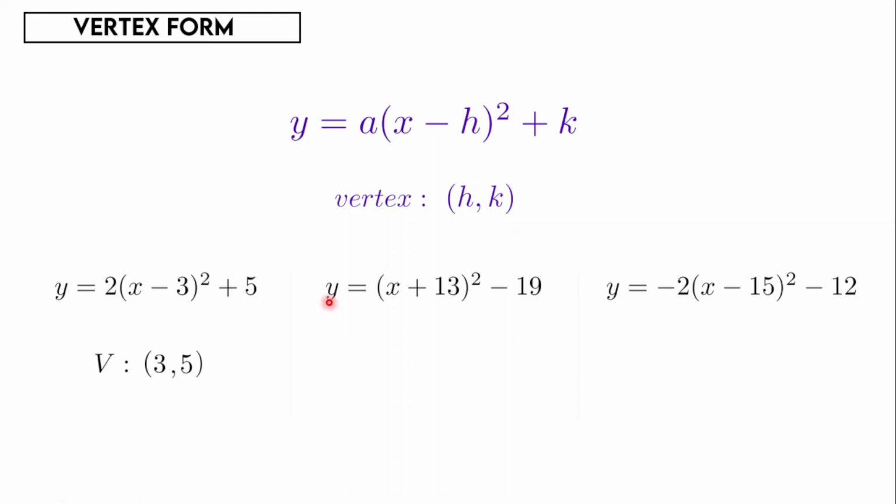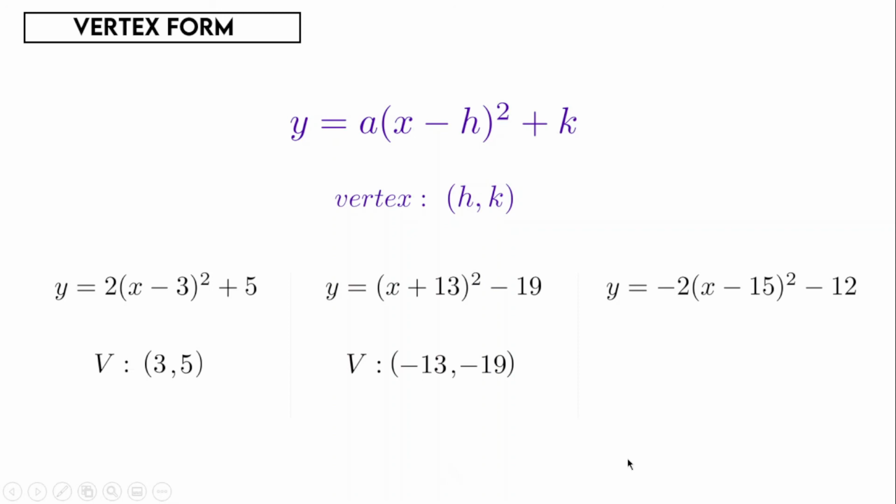Next, in y equals x plus 13 squared minus 19, so the vertex is, kung positive 13, balik na rin yung sign, magiging negative 13. Tapos yung k value, we have negative 19. So the vertex is negative 13, negative 19.